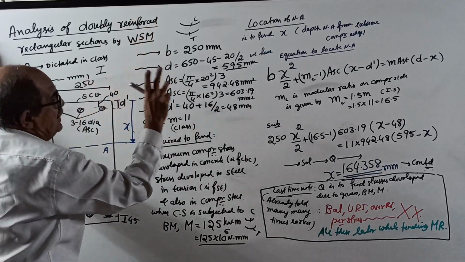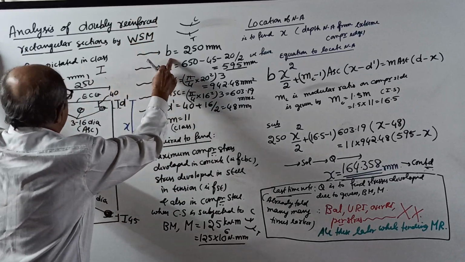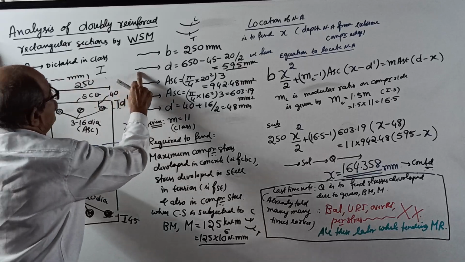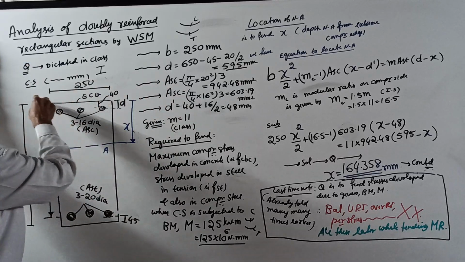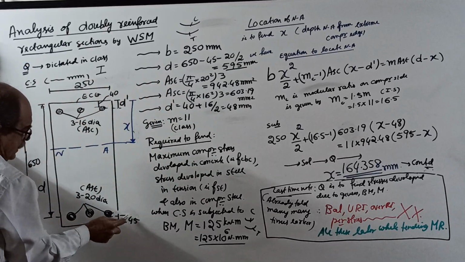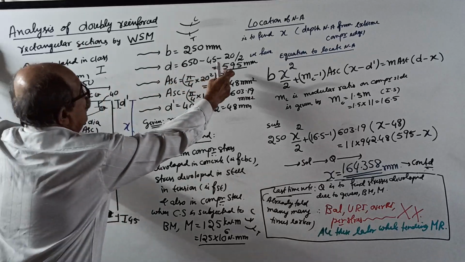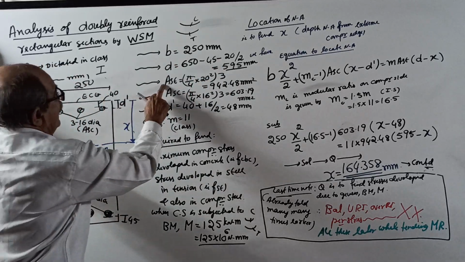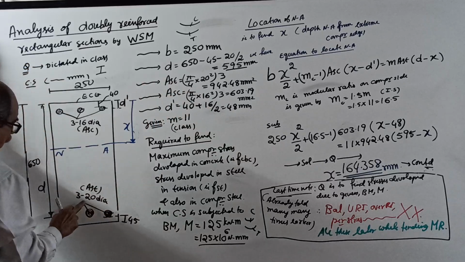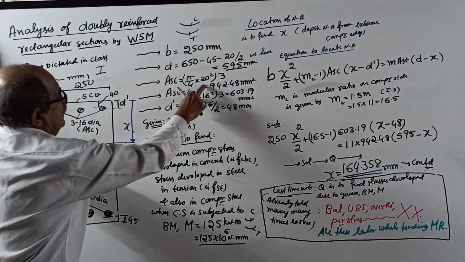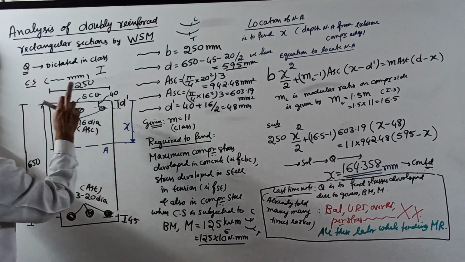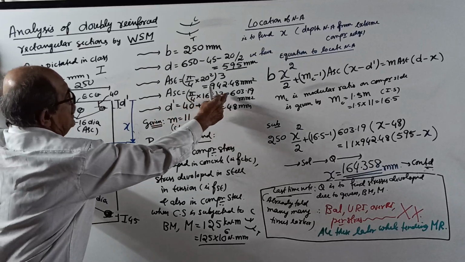Those who are serious, write: width of beam b, 250 millimeter. Effective depth d, 650 minus 45 minus 20 by 2, 595 millimeter. Area of steel in tension, pi by 4 of 20 square into 3. Area of steel in compression, pi by 4 of 16 square into 3.